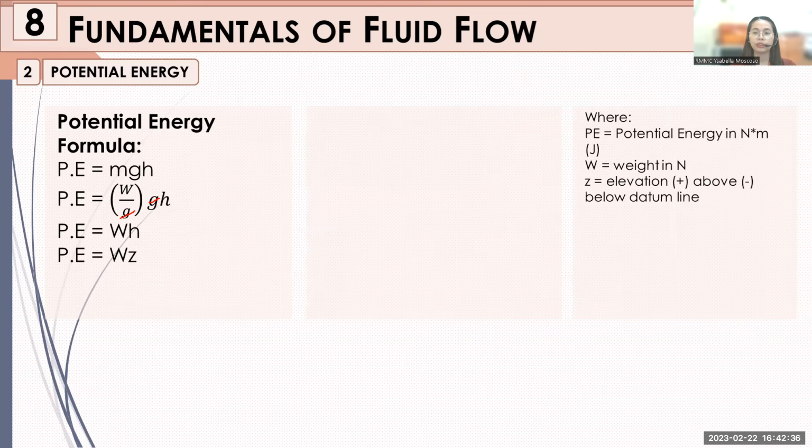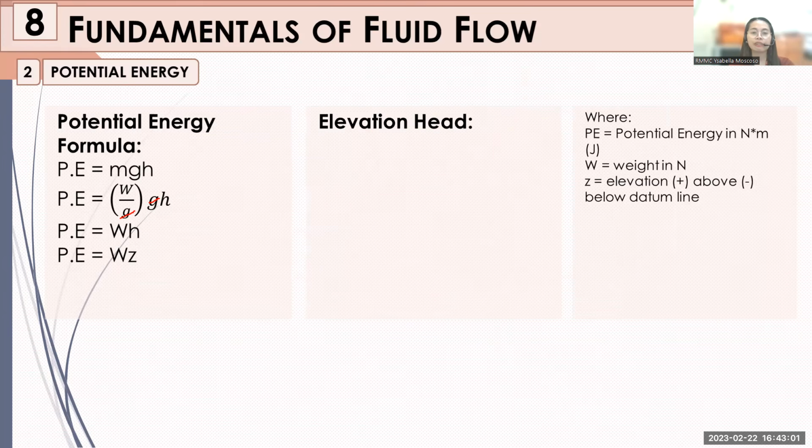Weight is in Newton, and you have here your Z. If your elevation is above the datum, that is positive. If your elevation is below the datum line, therefore that is negative. Okay, if this is the datum ng inyong pipe na pagkakalagay, going upward, that is positive. The height downward, that is negative.